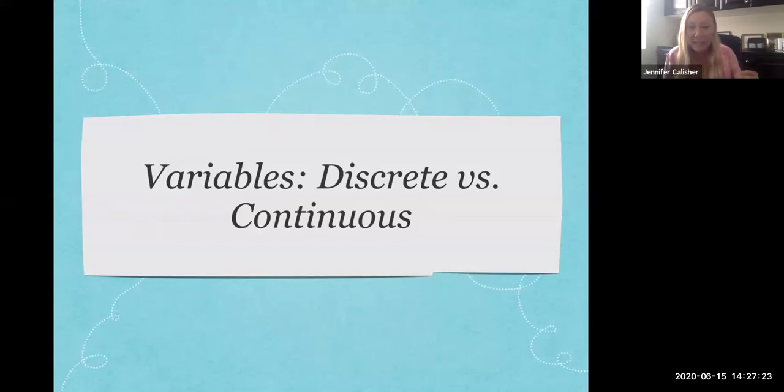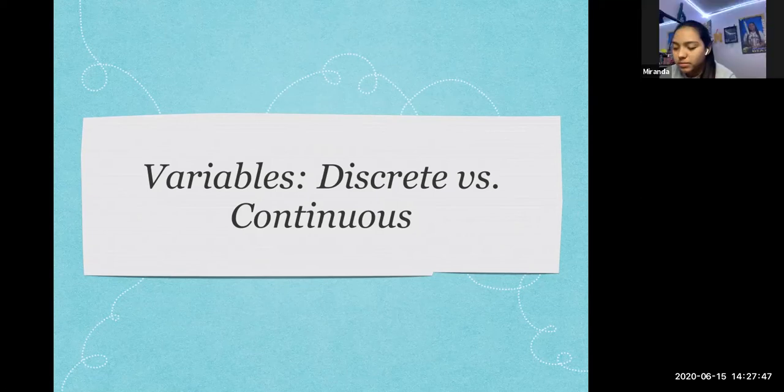Okay, so discrete, the key word we should be jotting down. Do you all have your paper? Show me your paper. Oh, you guys are such good students. The key word for discrete, anybody remember what the key word for discrete is? Anybody? No decimals.